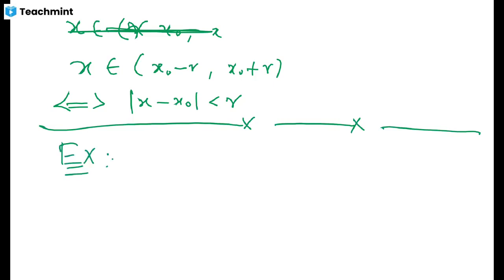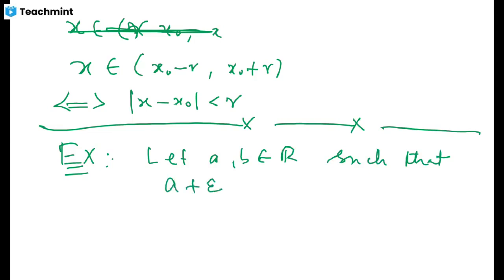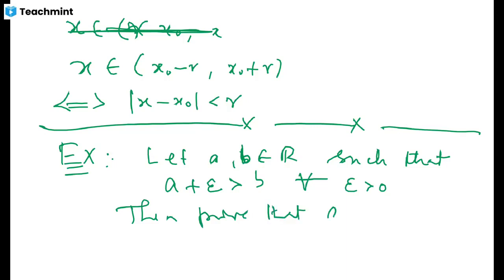Let a and b be real numbers such that a + epsilon is greater than b for all epsilon greater than 0. Then prove that a is equal to b.